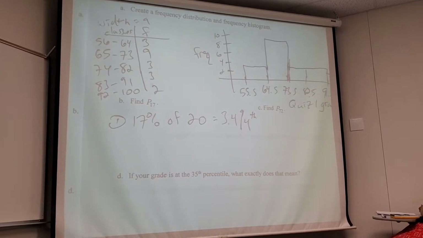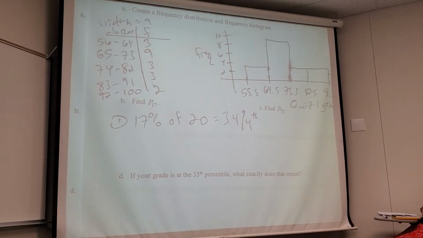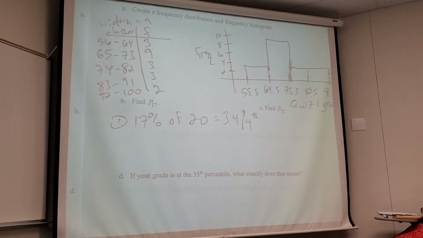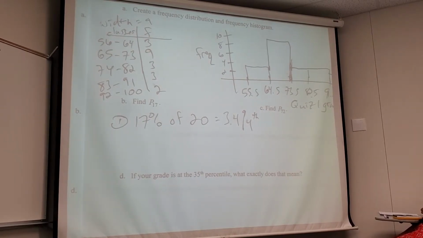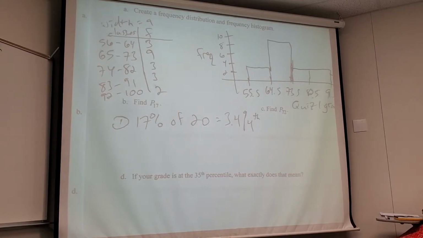So I'll bet you anything that P51 is the same thing as P52 for a small set of data. So you're never going to get exactly 17% below for a small set of data. For a huge set of data, you will be able to get exactly 17% below, and this method will still get you there.